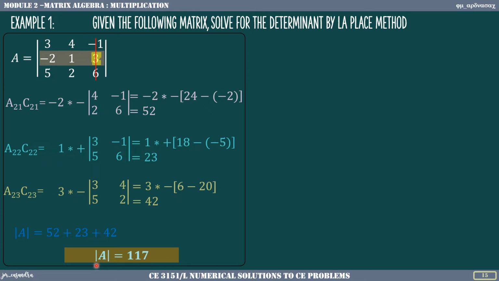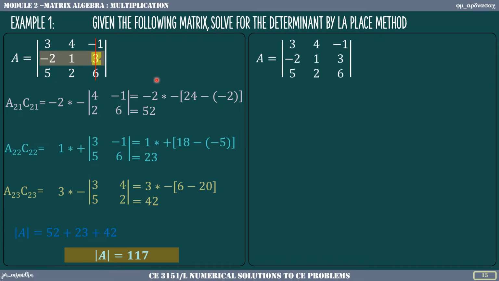So for the Laplace method, we could resolve example 1, matrix A, by using a different reference column or reference row. Let's try solving matrix A, but instead we are going to use the second column.